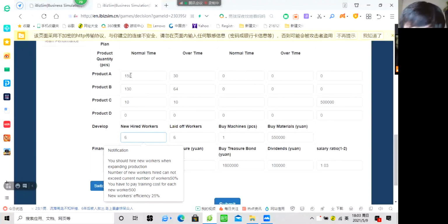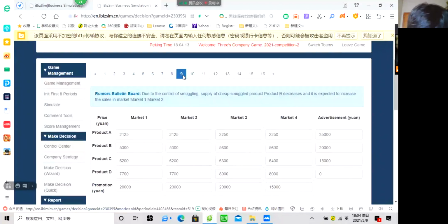So now we need to check how many machines we have at the moment. In our term 9, we need to make a decision, but how many machines have we had?